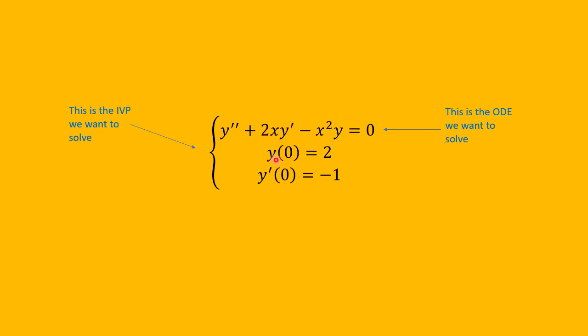The initial conditions are y of 0 equals 2, y prime of 0 equals minus 1. So we'd like to solve this initial value problem. And also, if we just look at this differential equation at the top by itself, we would also like to find all solutions to just this differential equation. In other words, we would like to find its general solution.